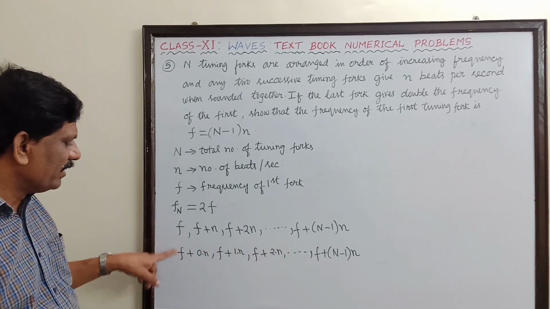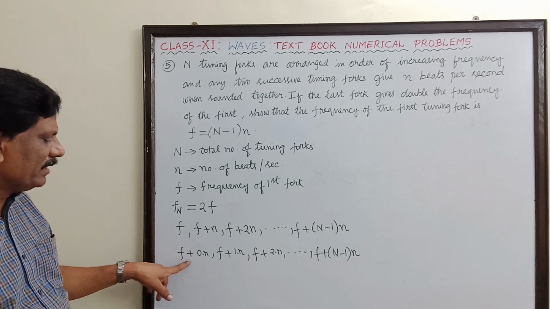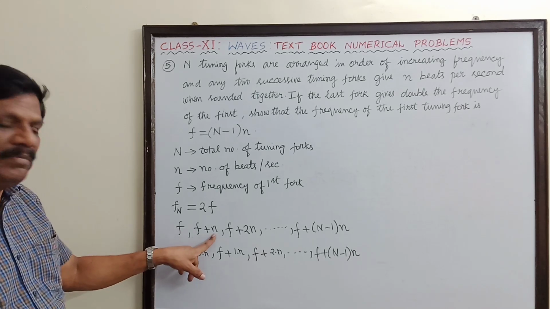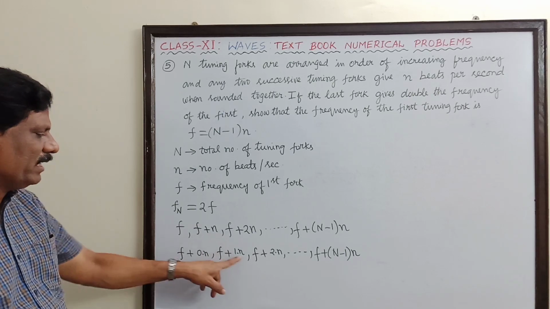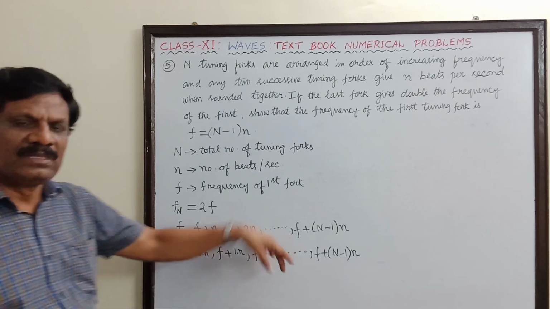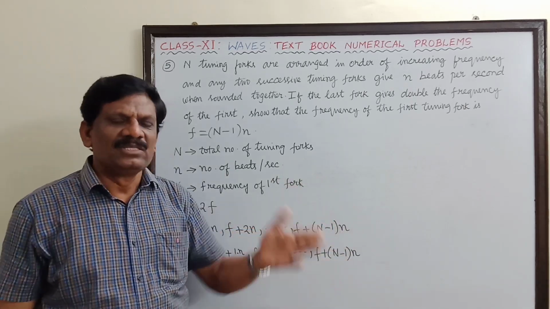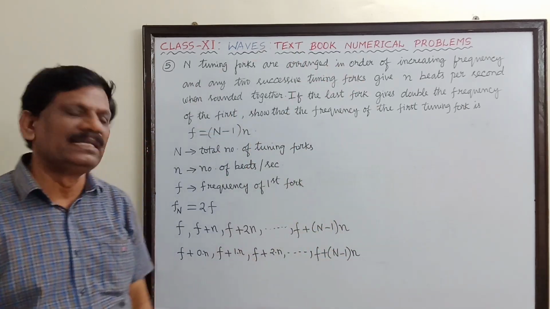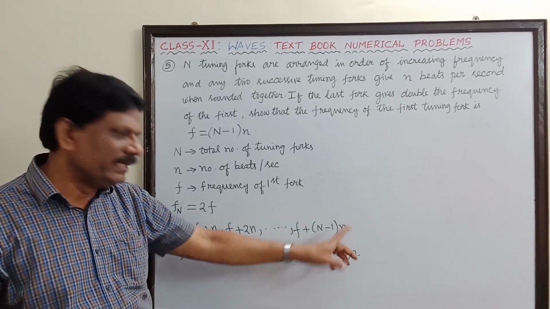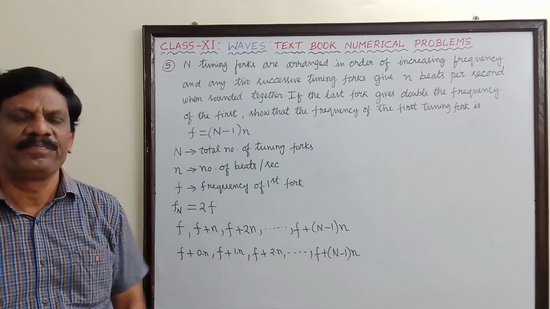So small f can be written as f plus 0 times n, the next is f plus 1 into n, the third term is f plus 2n, the fourth term is f plus 3n. So the capital Nth term is f plus (N minus 1) into the number of beats, small n.